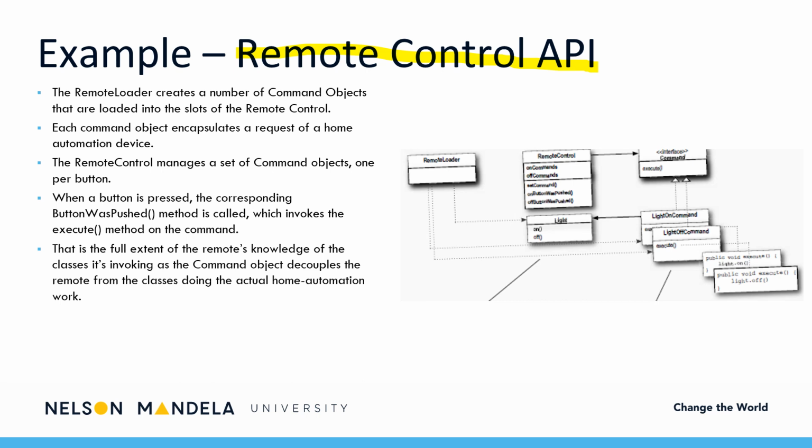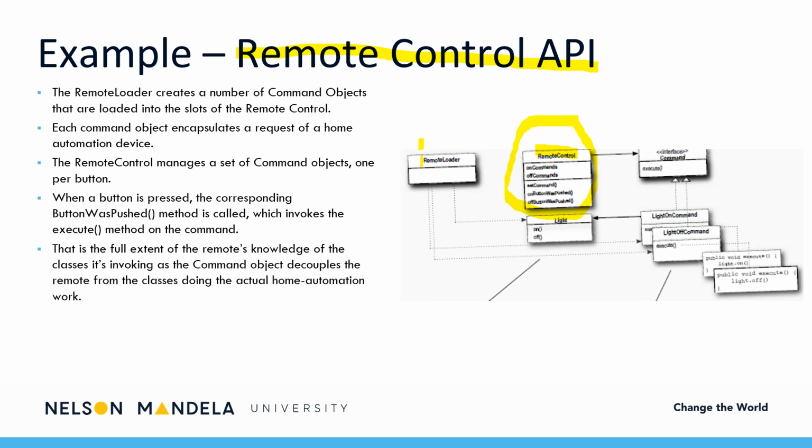So now let us look at this remote control, which is represented by your invoker class. It's a pity I cannot enlarge this image, but I'm going to provide you with the slides so that you can enlarge this example.